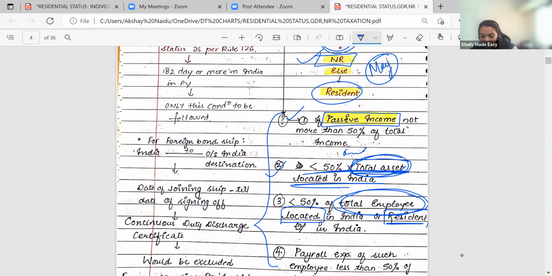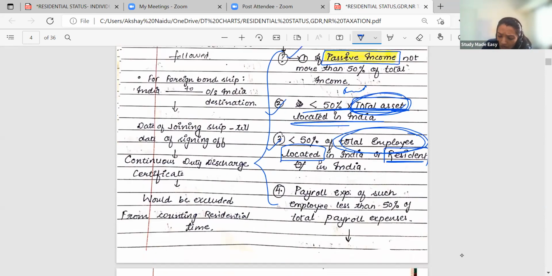If they are resident of India, then also you have to count. If less than 50% located or less than 50% resident in India, that means the majority of the employees are outside India. Okay, active business outside India.